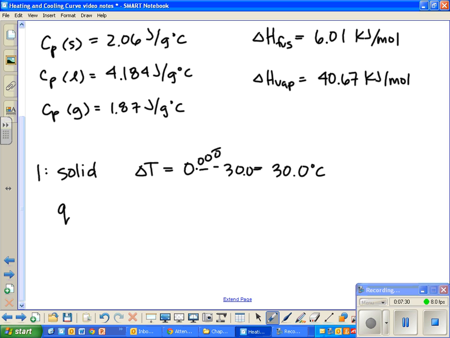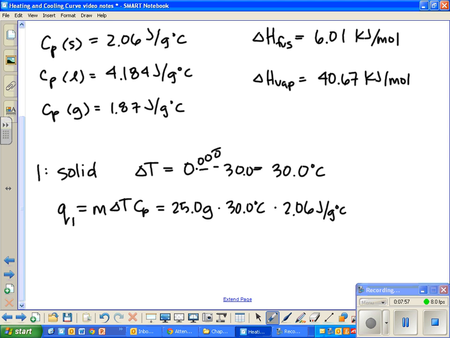So Q1 is the mass times the change in temperature times the specific heat of a solid. So our mass was 25.0 grams times our change in temperature, 30.0 degrees Celsius, times our specific heat of a solid, which was 2.06 joules per gram degrees Celsius.